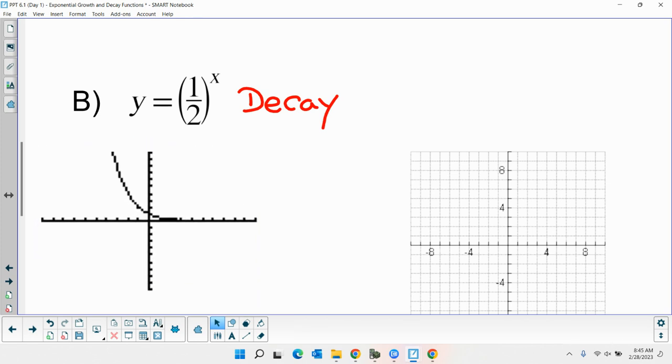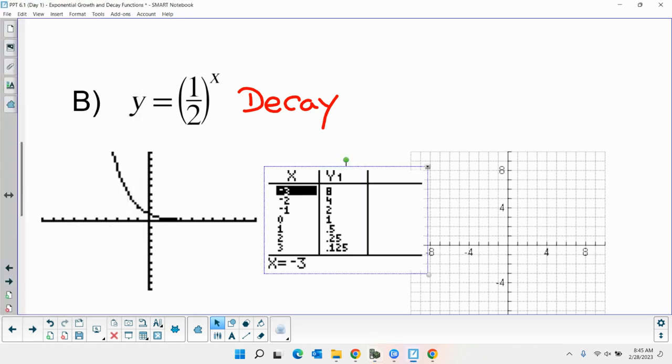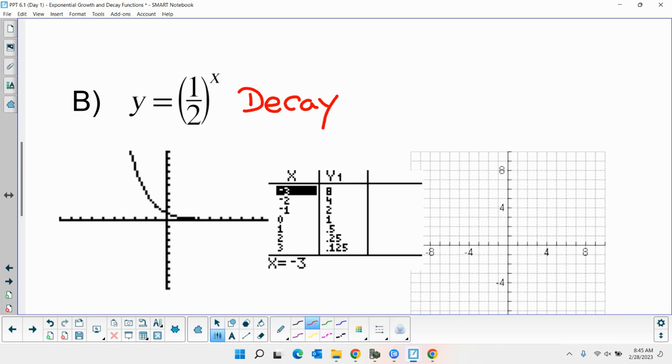These are really easy to graph because you're going to use your calculator. In our table of values, as I go in the negative direction, they get really big. As I go in the positive direction, they get really, really close to 0, but they never actually hit 0. This would keep going, but never actually hit.